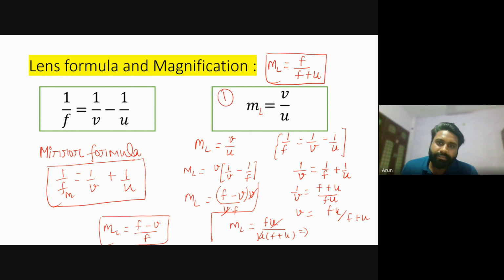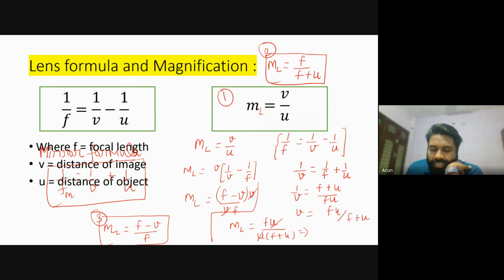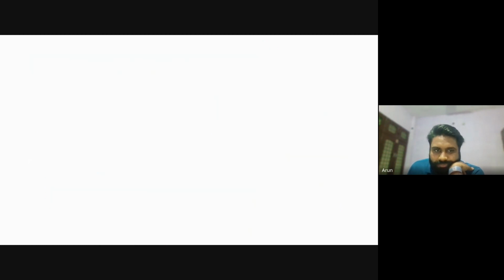One is this, second one is this, and third one is this. Okay, I hope you are clear with this. If you have any kind of doubt, you can write it in the chat box. Where F is the focal length, U and V are the object distance and image distance respectively. V is the distance of image and U is the distance of object.